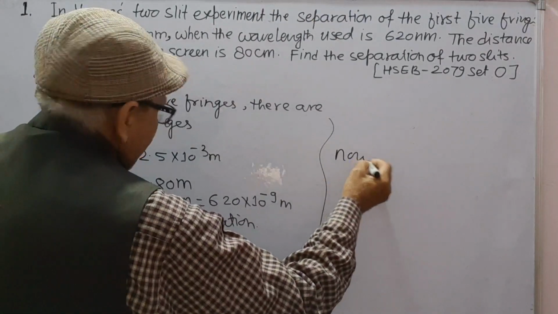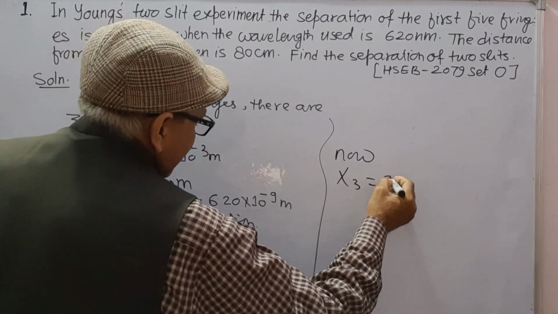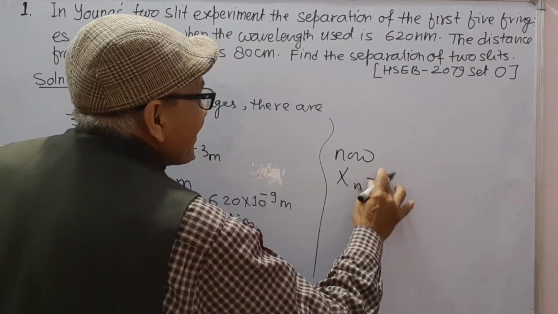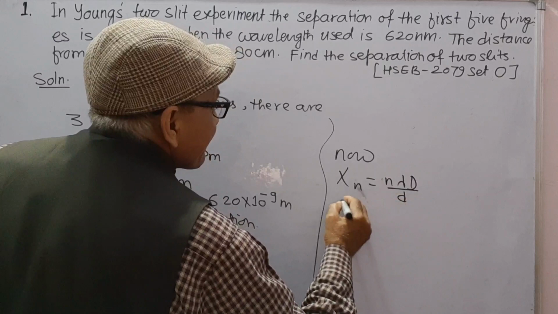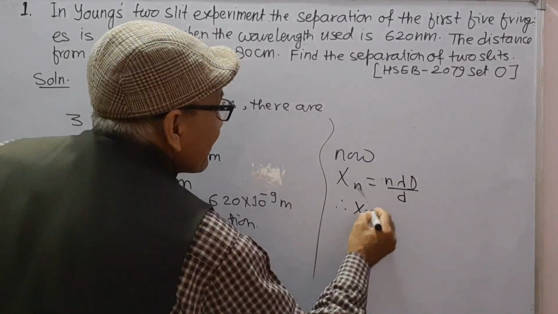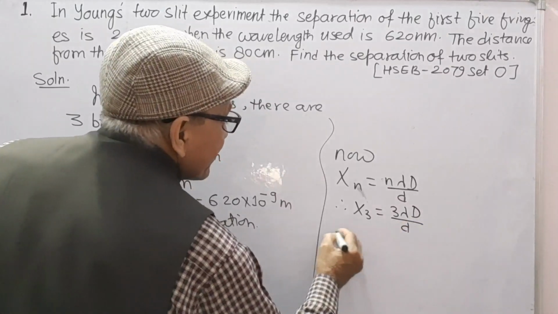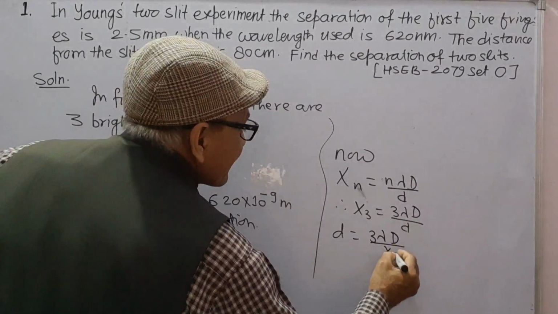Now xn is equal to n lambda D upon d. Therefore x3 will be equal to 3 lambda D upon d, which gives d is equal to 3 lambda D upon x3.